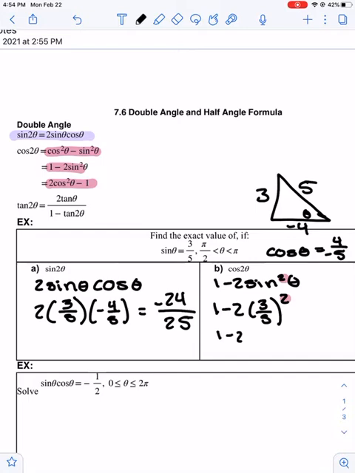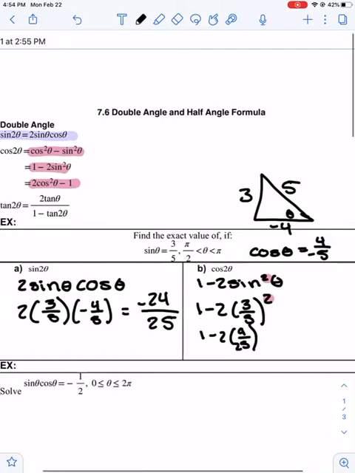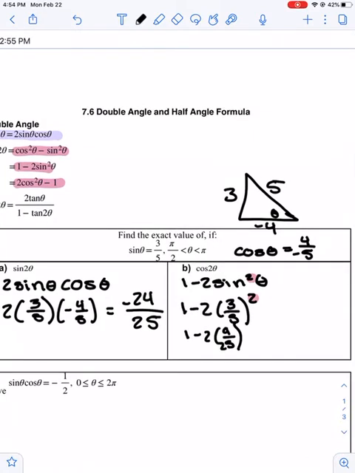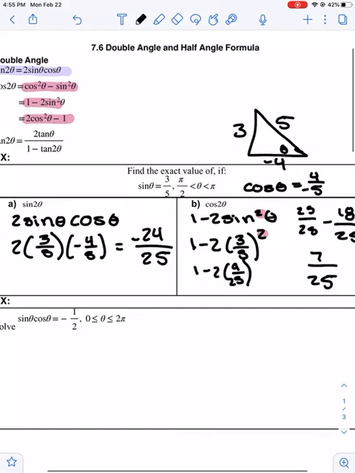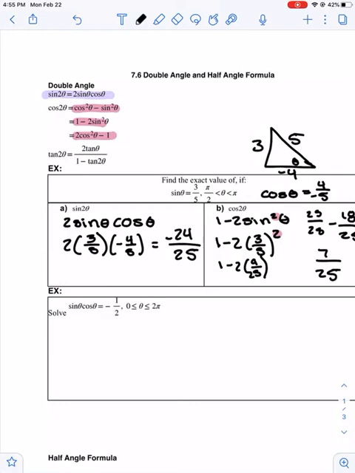So we have 1 minus 2 times 9/25. 9/25 times 2 is 18. And 1 would be 25 over 25 minus 18 over 25, which equals 7 over 25. That's it.